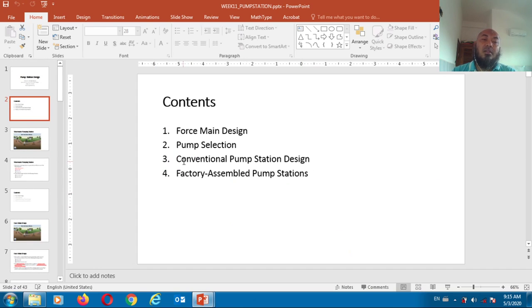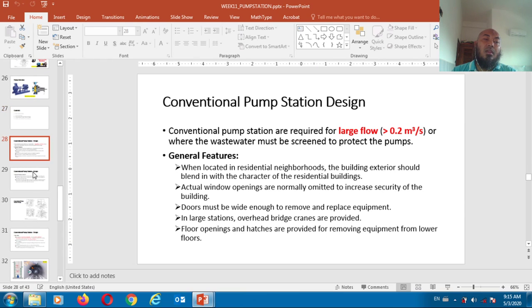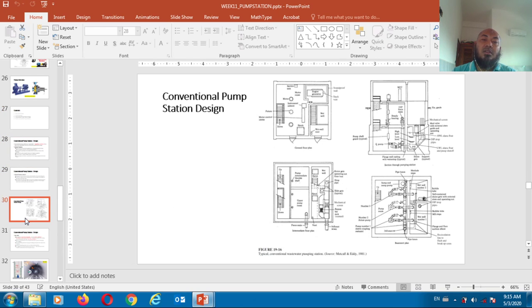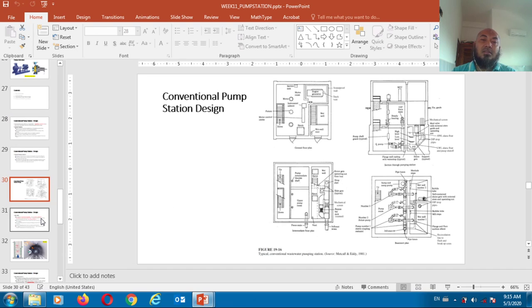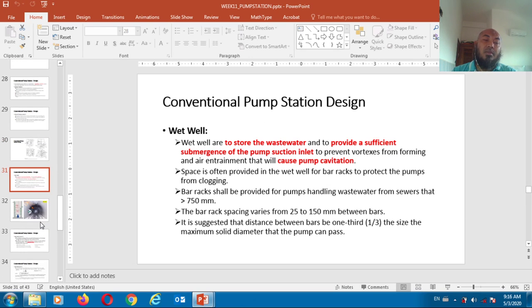Then we discussed the conventional pump station, like a pump house, and what the components should be. In the pump station, usually we have two: the wet well and the dry well.